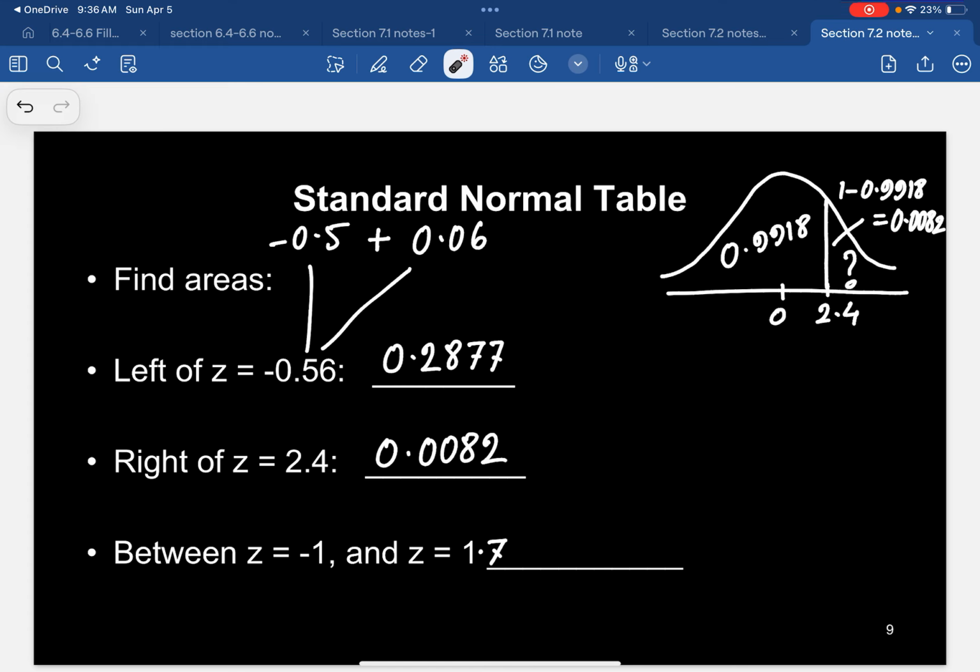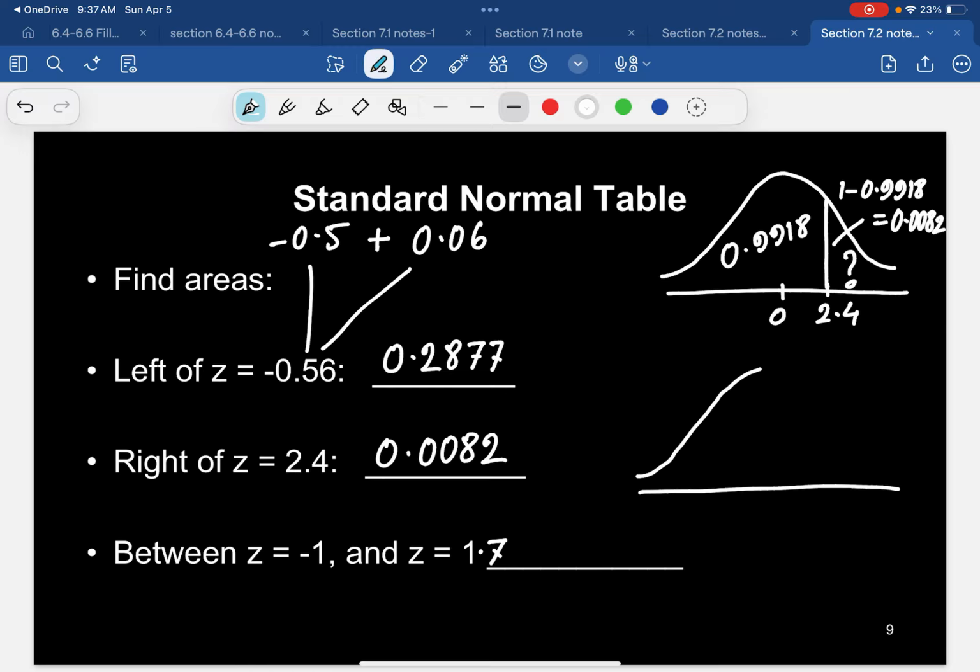Okay, cool. Let's talk about the last one, which is to find the area between z equals -1 and z equals positive 1.7. Okay, let's draw the picture. Let's draw the graph, and things will be better with the picture. Okay, sorry. So this is 0. -1 should be on the left, and positive 1.7 should be here, right?